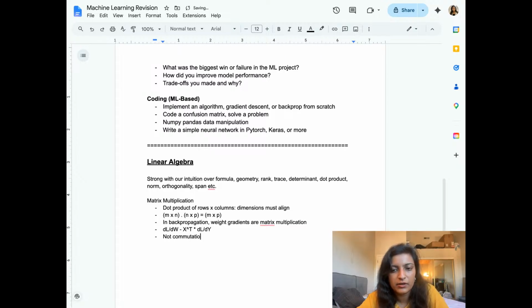It's not commutative, so we cannot say AB is equal to BA. Matrix multiplication's drawback is that it is computationally expensive, a bottleneck in deep nets solved by GPU.